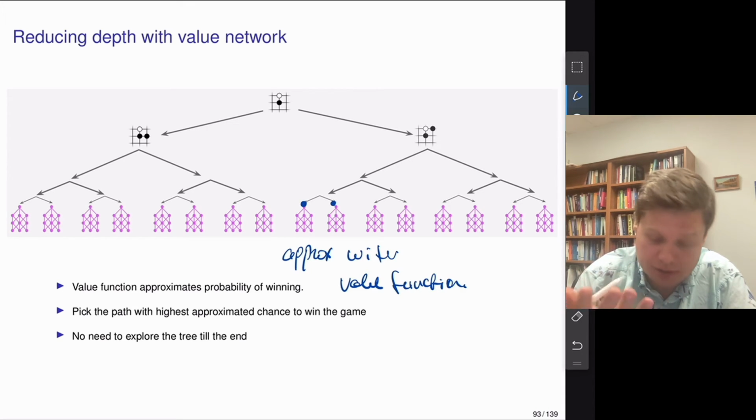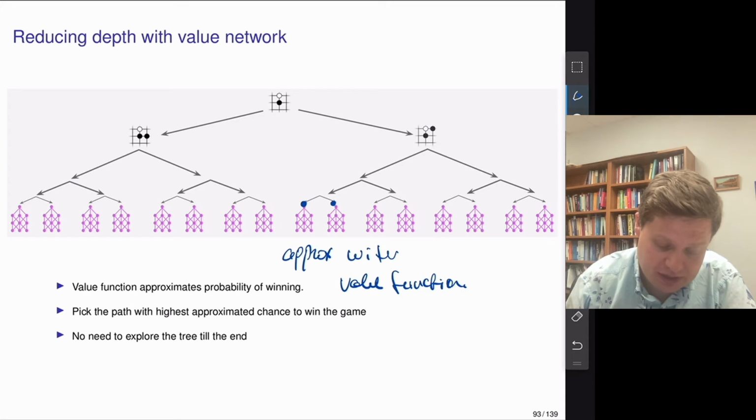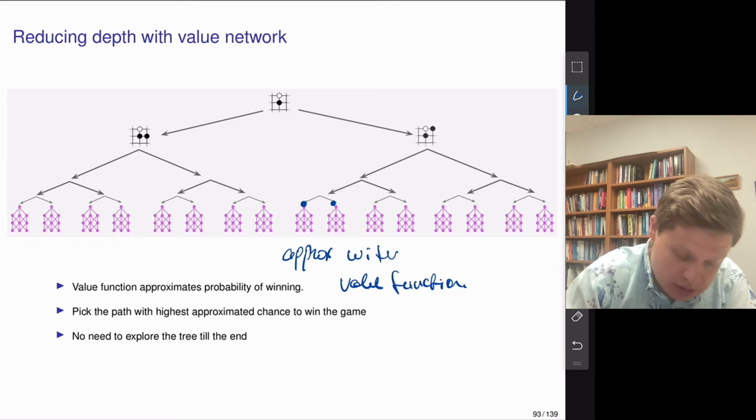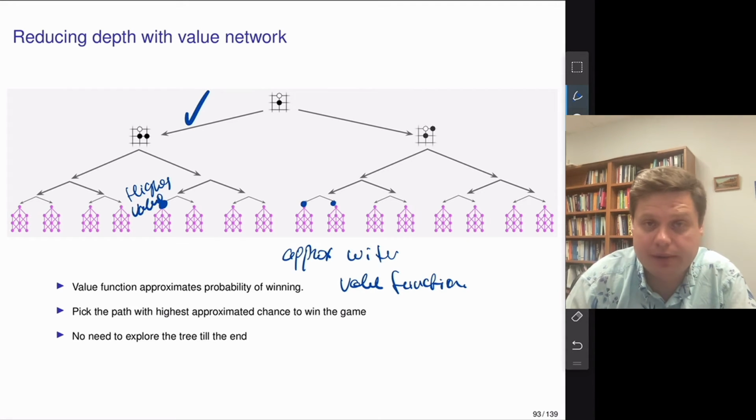You can only build a tree in this case with 3 layers, so you can calculate much faster. And then you basically will choose the state. So let's say this is the state with the highest value. And then you say, okay, that's the move I'm going to make, because that eventually leads to the state with the highest value.